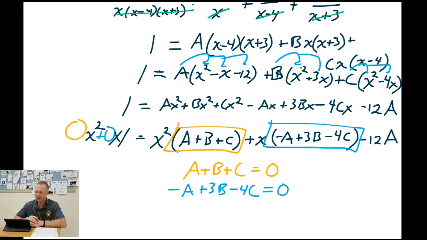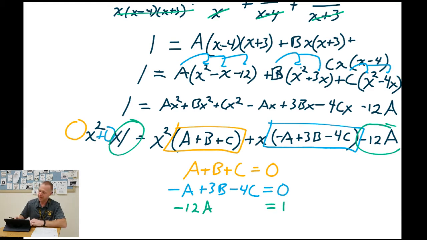It's fine. You can have two equations equal to 0. They're different equations. Now the only one that has a little bit of flavor is the constant. There's a 1 on the left side of the equation, so the constant has to equal 1. You would write negative 12a equals 1.